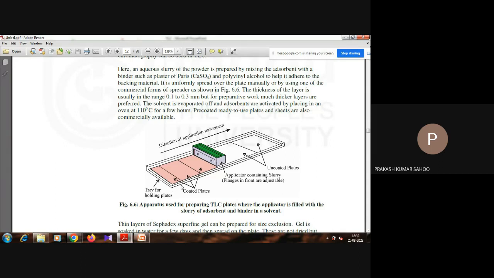And this is the tray of the TLC containing coated plates, and this will be uniformly distributed with the help of this applicator. We will have different plates of the TLC which we may use in our TLC experiment. So this is the stationary phase. This is a TLC plate.